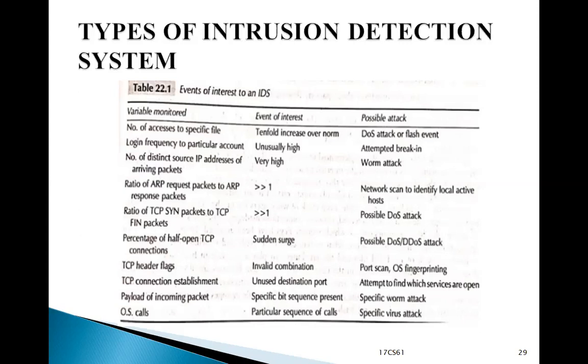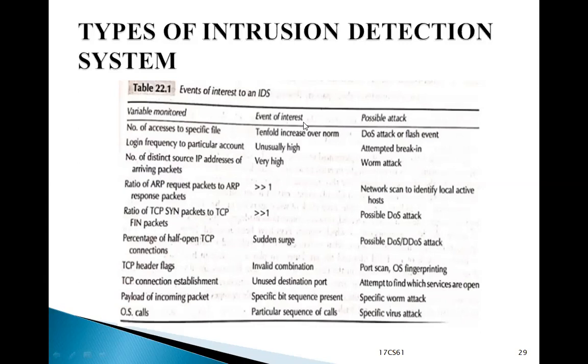So we'll see what all the events of interest to an IDS are. Just check the table here. There are three columns: variable monitored, event of interest, and the possible attack. What field is it going to monitor? What information is it going to monitor? And what is the event?